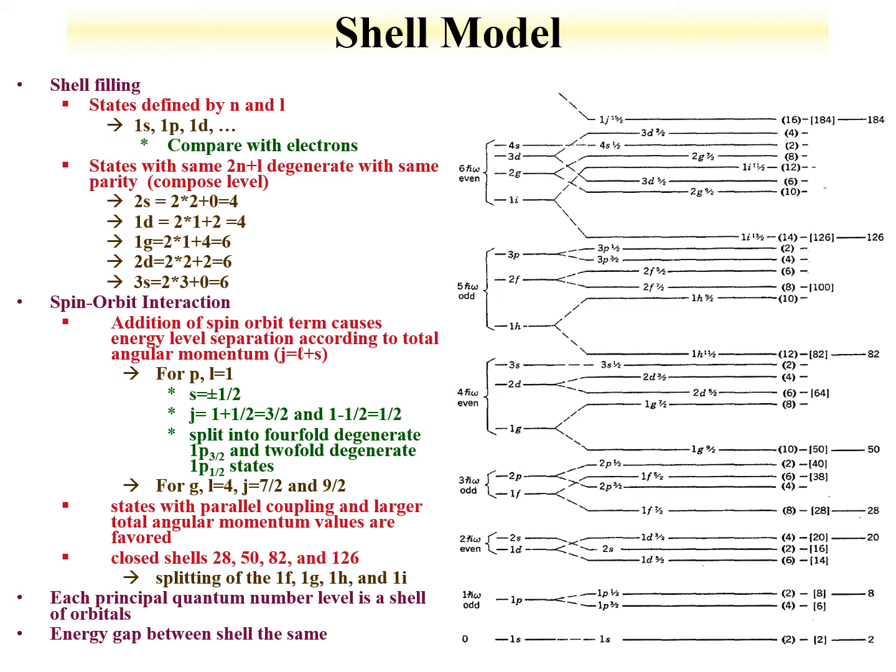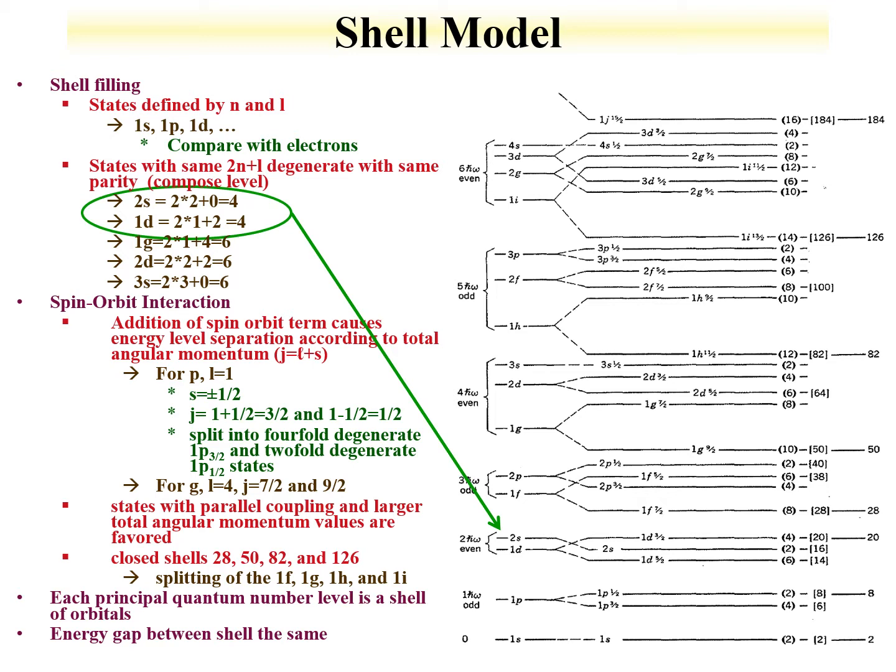As an example, look at the state composed of the 2s and 1d states. For the 2s, 2 times 2 plus 0 is equal to 4, because n is 2 and l is 0 for s. For the 1d state, n is 1 and l is 2, where s, p, d is 0, 1, 2.